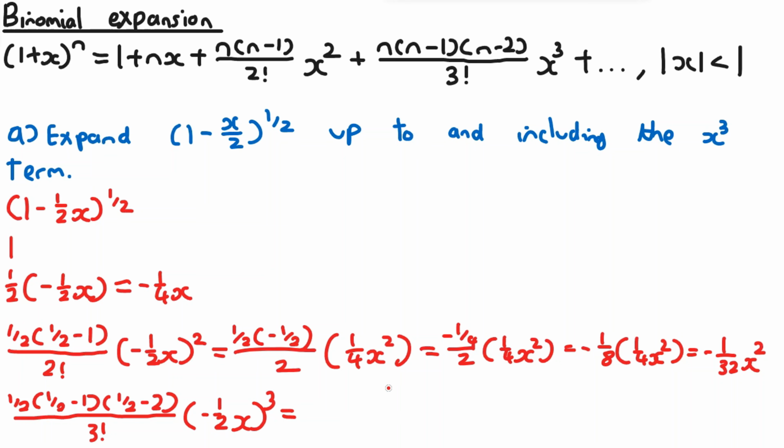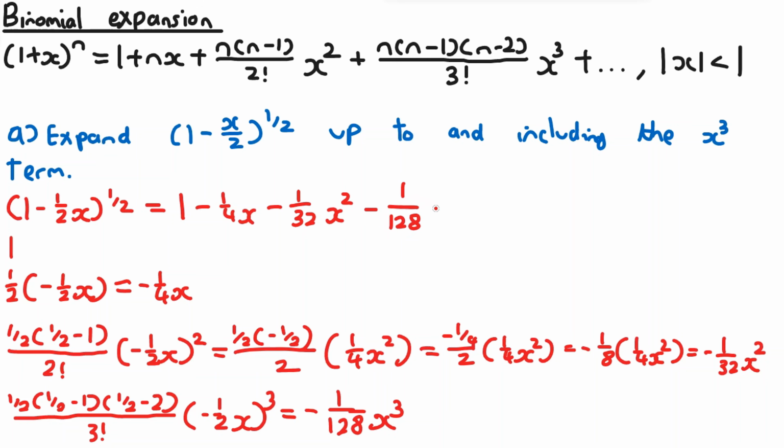If you put it into a calculator, it's equal to minus 1 over 128 x cubed. So this bracket here is equal to all these terms added together: 1 minus a quarter x minus 1 over 32 x squared minus 1 over 128 x cubed.